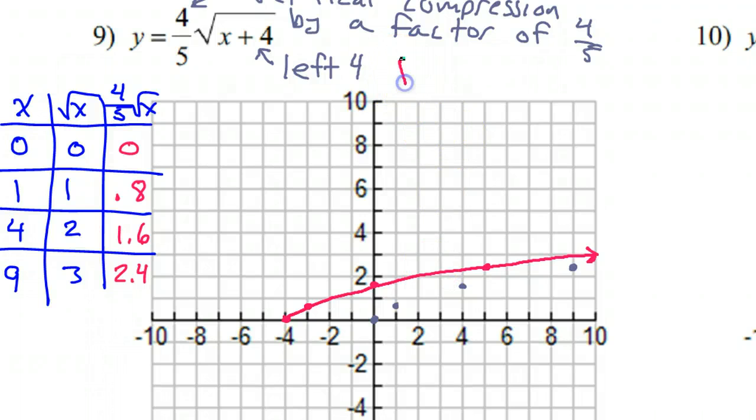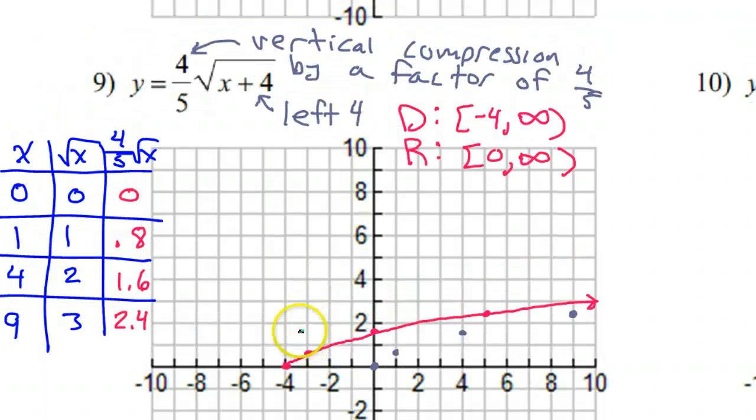And so now we can talk about the domain and range. For the domain, the x values go from -4 to infinity. And for the range, the y values go from 0 to infinity. So that is how you do number 9.